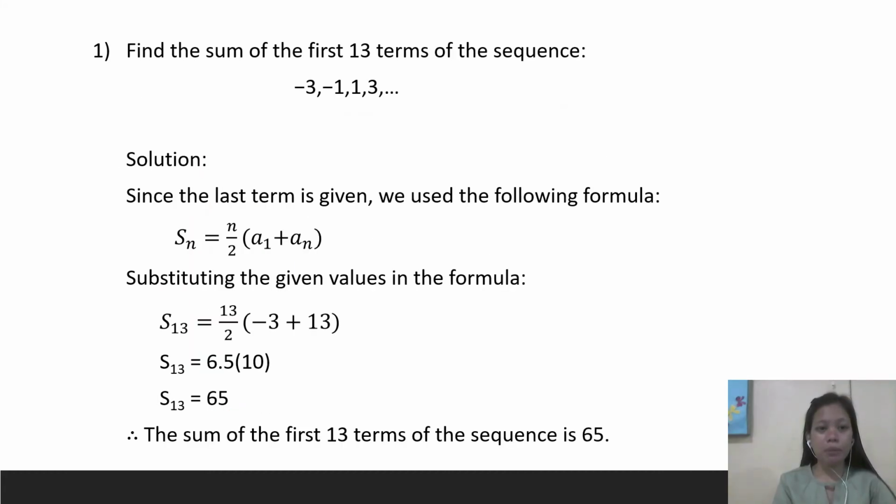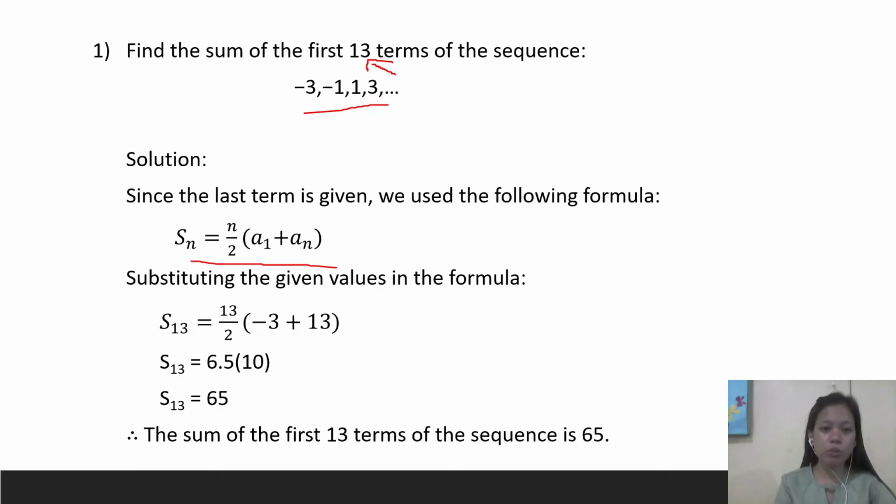Example: find the sum of the first certain number of terms of the sequence negative 3, negative 1, 1, 3, up to 13 terms. Our solution: since the last term is given, we use the following formula, S sub n is equal to n over 2 times a sub 1 plus a sub n.